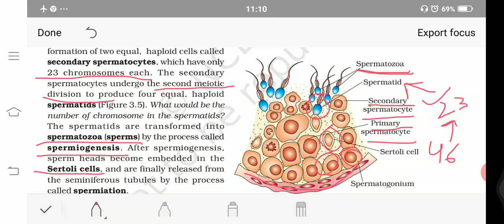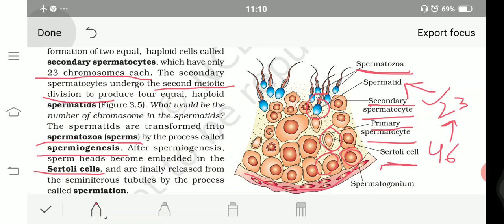This concept of developing new sperms with healthy nutritive quantities of molecules is basically dependent upon the Sertoli cells. These Sertoli cells are the major cells which help in the process of development.